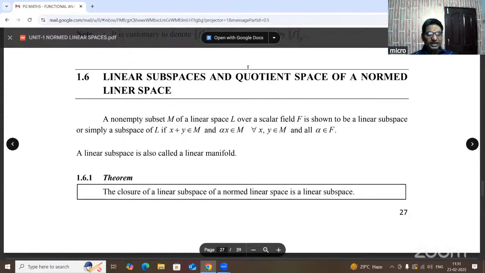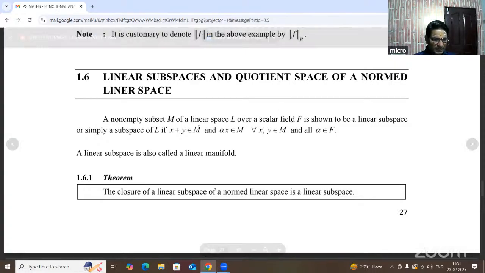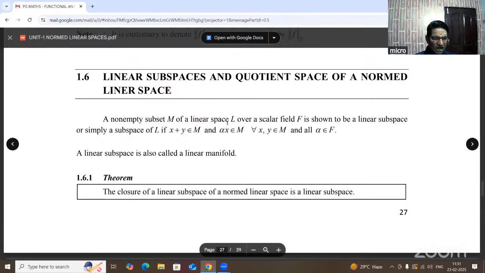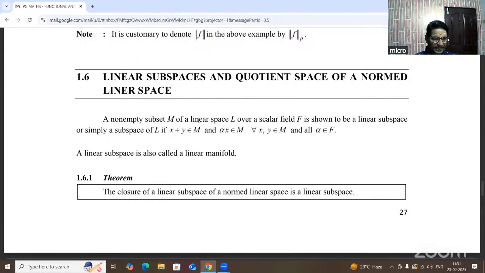Hence, the following conditions are satisfied. There are two tests. Two tests means x plus y belongs to capital M and alpha x belongs to capital M. Here x plus y means, under vector addition, we take any two elements of the linear space, x, y belong to M, and x plus y belongs to M. Alpha being any real number and x belonging to M, scalar multiplication holds good.